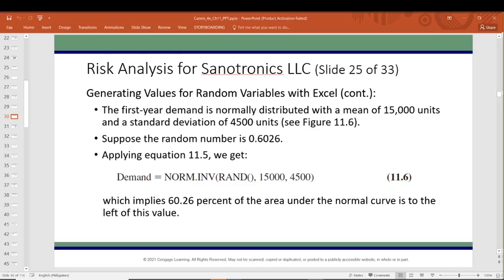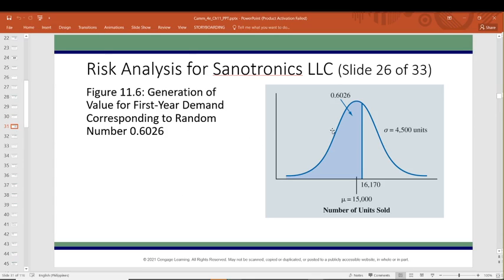Which implies that 60.26% of the area under the normal curve is to the left of this value.